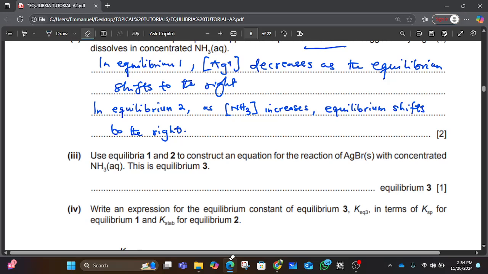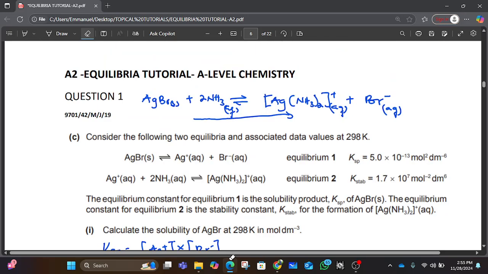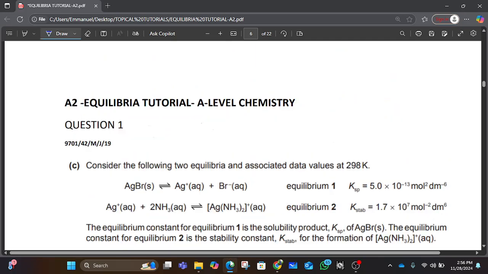I. Use equilibria 1 and 2 to construct an equation for the reaction of AgBr solid with concentrated ammonia. This is equilibrium 3. So over here, we are simply going to add these two equations together. So we add reactant to reactant and product to product.